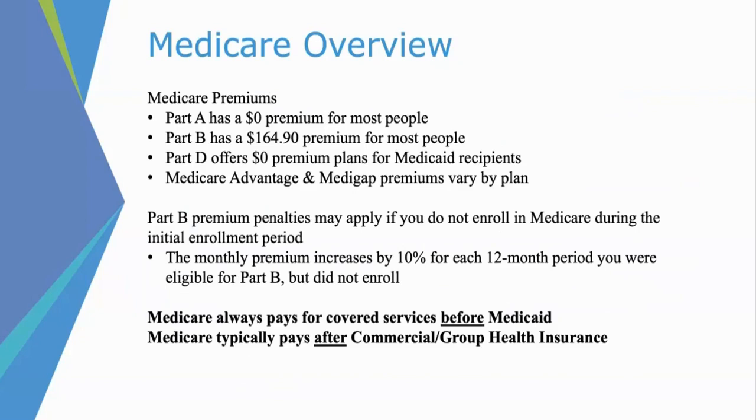As I was saying earlier, it's important to enroll if you start qualifying for Medicare. The monthly premium increases by 10% for each 12-month period you were eligible for Part B and did not enroll into that program. So it's important to make sure you pay attention so you enroll in Medicare when you're eligible. Medicare always pays for covered services before Medicaid, and Medicare typically pays after commercial group health insurances. Next slide, please.